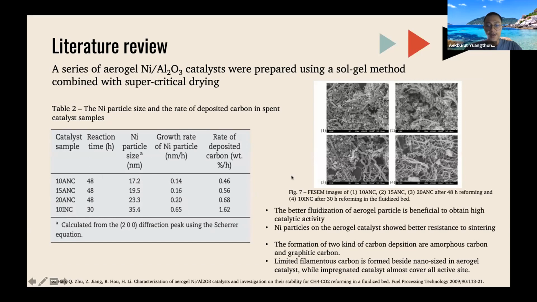And figure 7 shows the FESEM image. Number 4 is the impregnated catalyst. You will see that it has filamentous carbon covering the active sites of the catalyst, which is characteristic of graphitic carbon, which is the main cause of sintering of the catalyst.